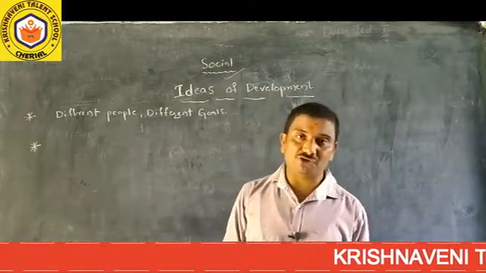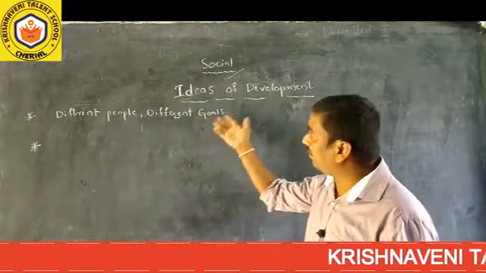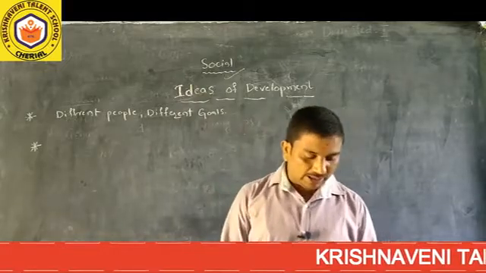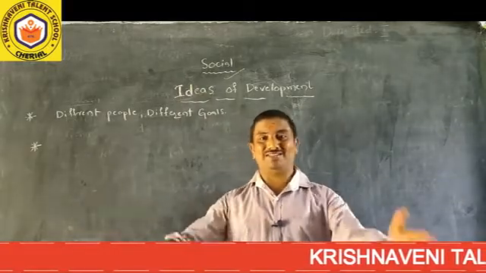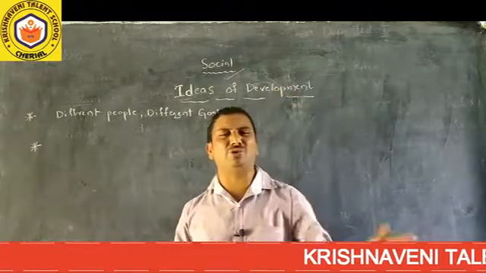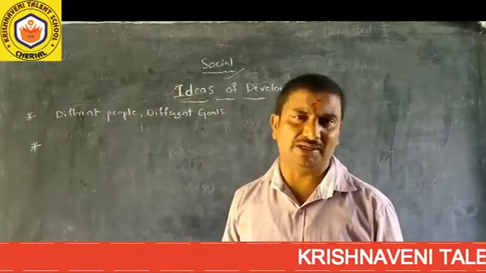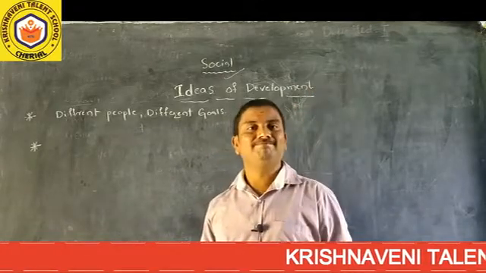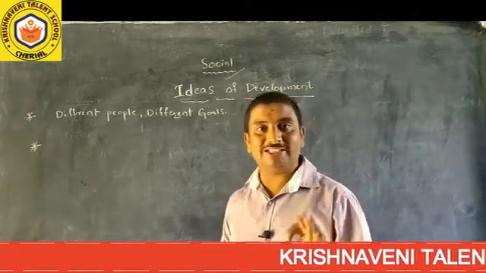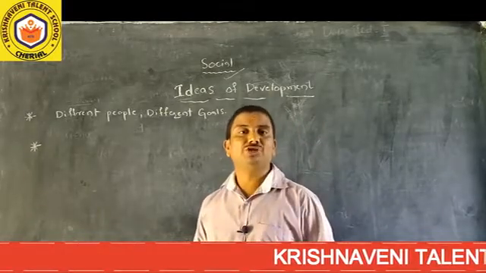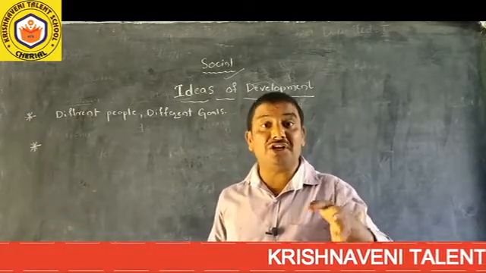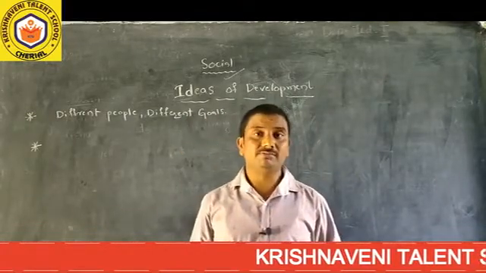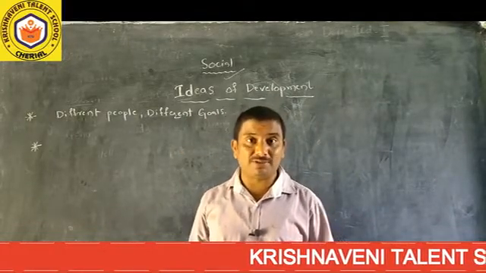Like what I'm telling in this chapter, different people have different goals. Farmers, for example, in the rural areas. Farmers are thinking of good rain in the rainy season, sufficient rain, sufficient underground water, and good irrigation facilities to cultivate crops.